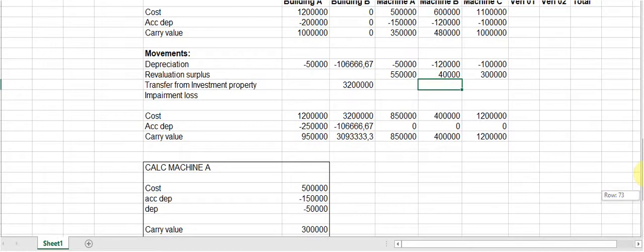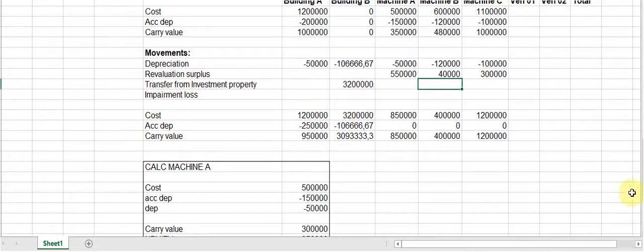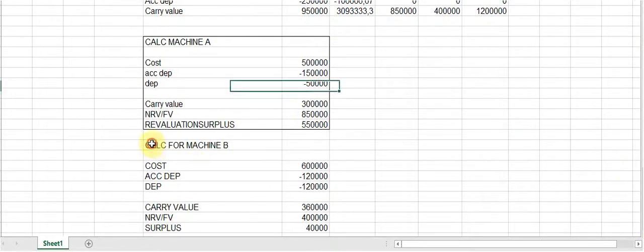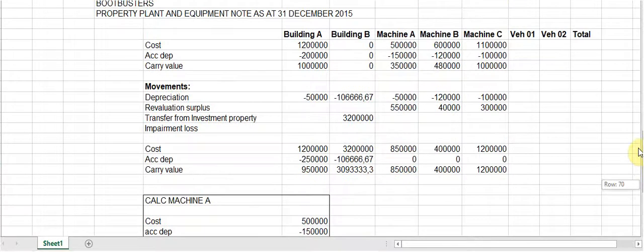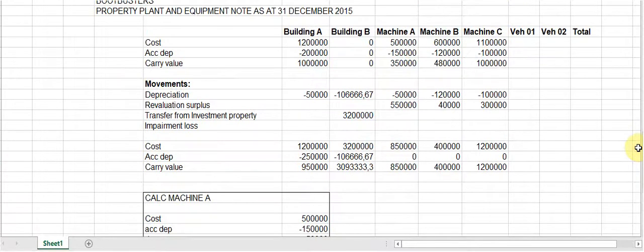Right, moving on to the vehicles. Just want to put my calculation in a nice block. Moving on to the vehicles, we had vehicle 01, and vehicle 01, I believe, had a little problem because of impairment. So I'm again just filling out the opening information.